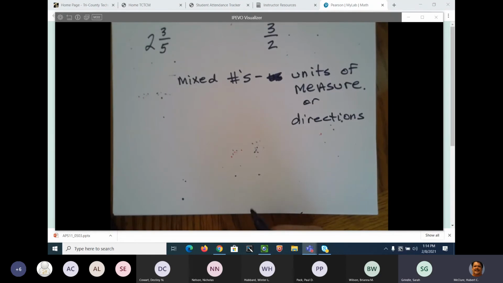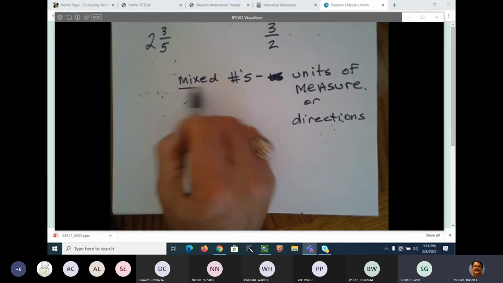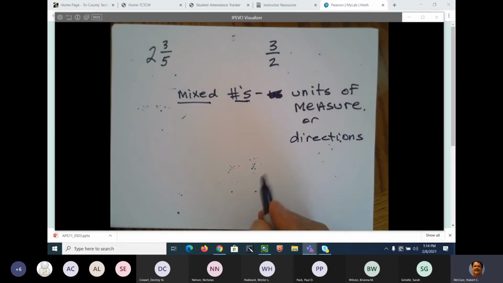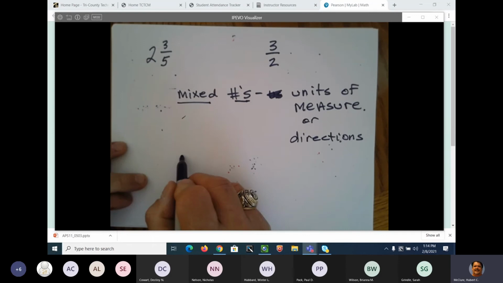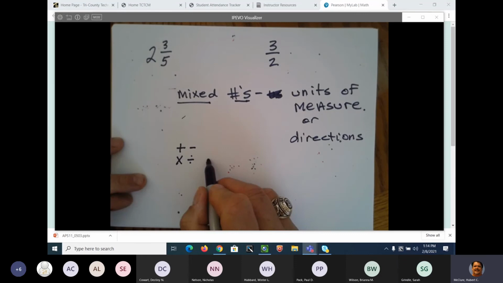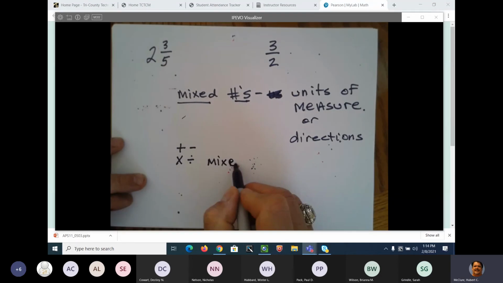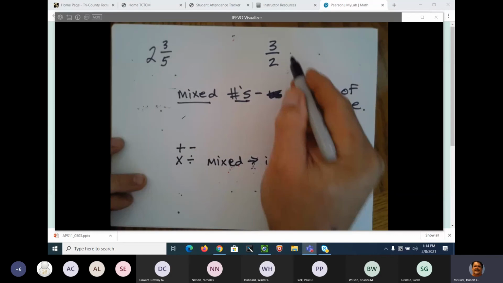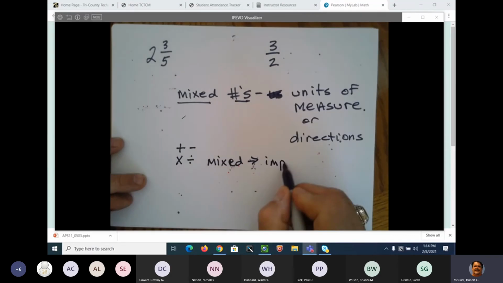All right, that's why you use mixed numbers. Now you've got to be able to add, subtract, multiply, and divide them also. So what is the first thing you do? To add, subtract, multiply, and divide mixed numbers, you just turn them back into improper fractions like this and follow the rules that we just followed.